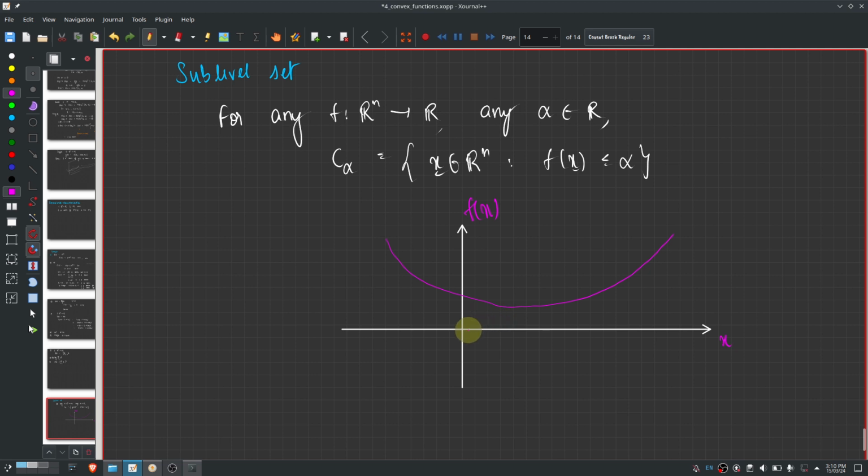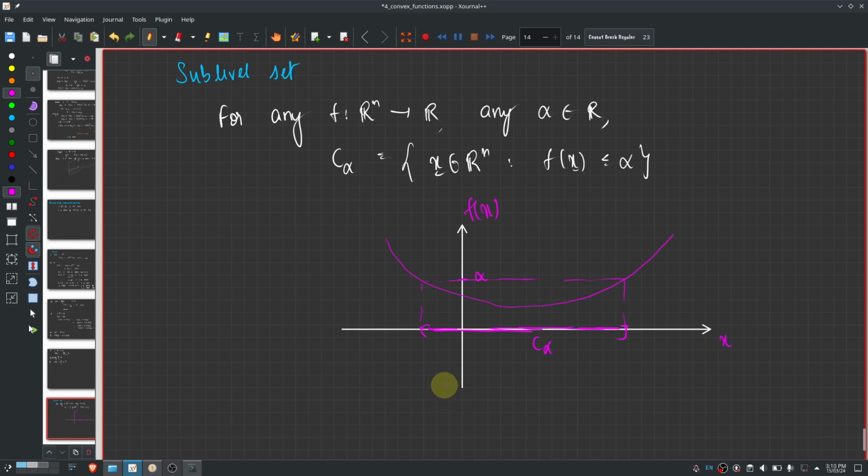It will be an interval, right? It will just be a closed interval. So if you take any particular alpha, the sublevel set for this particular alpha is basically the set of all x for which f of x is less than or equal to alpha, which is this interval here. This is your C alpha.